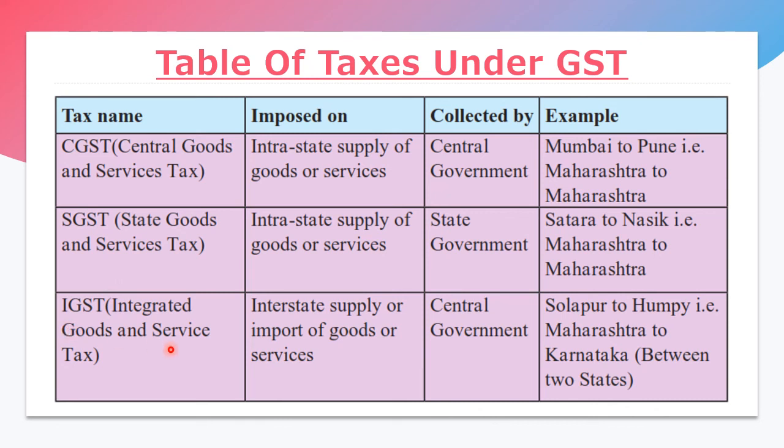Then IGST tax, it is imposed when? It will be imposed only when if you are supplying goods or services with other states. And this tax will be collected by whom? It will be collected by central government. Okay, so I hope this taxes and the GST is clear to you. Okay, now let's move further.